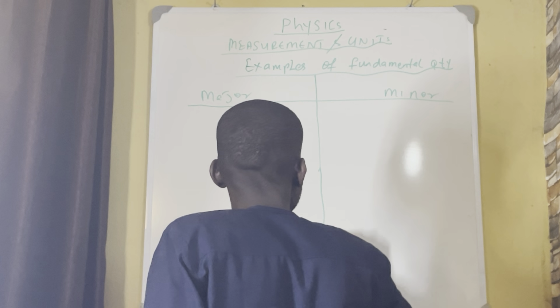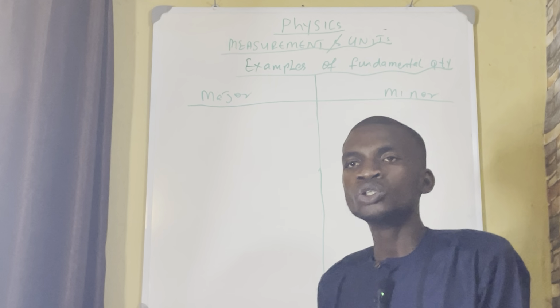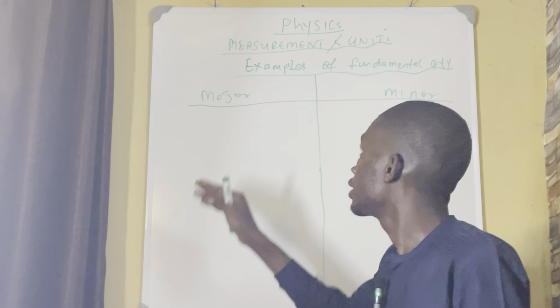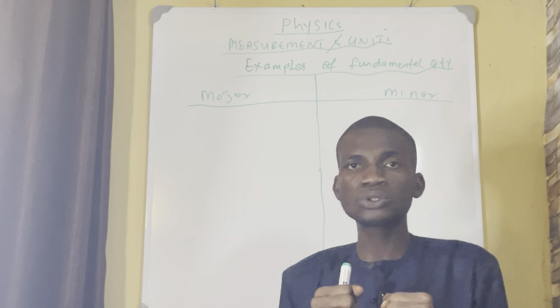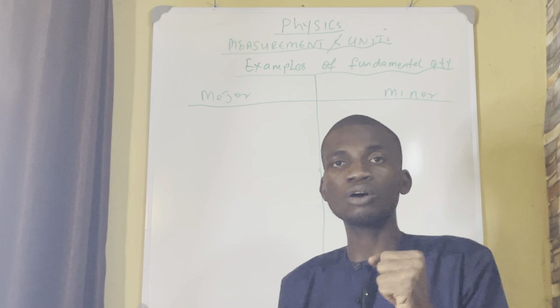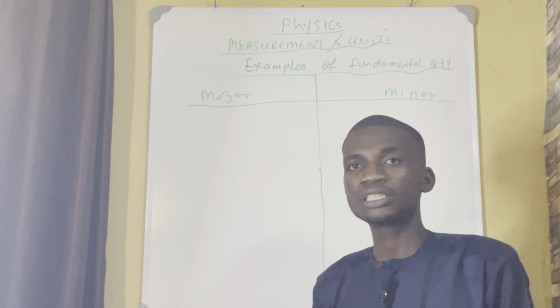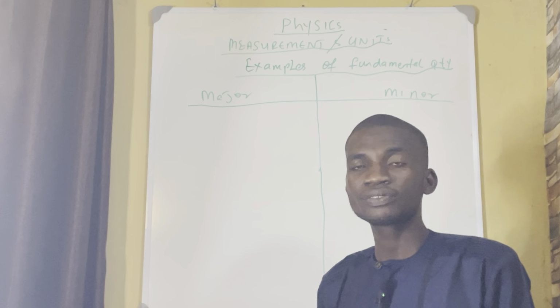The major examples are three. The minor are four or five. Do you understand?